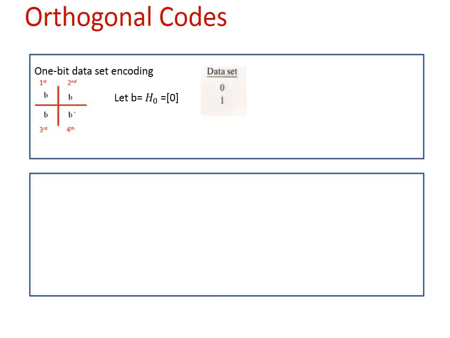A 1-bit data set can be transformed using orthogonal code words of 2 digits each, described by the rows of matrix H1 as follows. You can see that bit 1 is now encoded as bit 0. Considering that B is 0, we have 0 in the first quadrant, 0 in the second quadrant, and 0 in the third quadrant too, but the fourth quadrant is the complement of 0, which is 1.